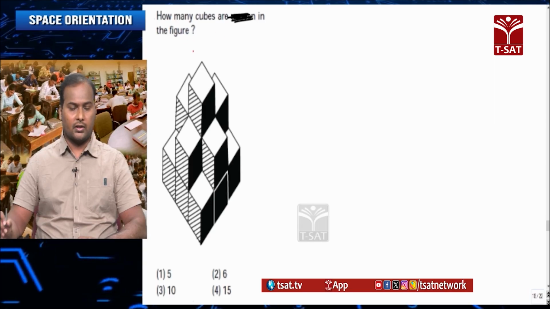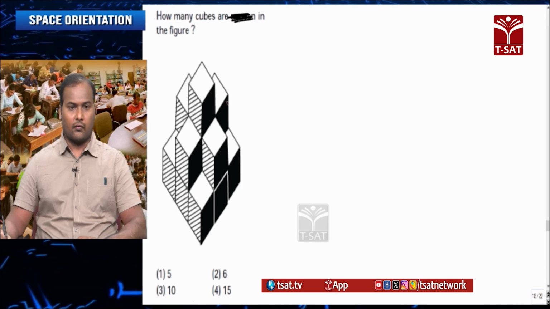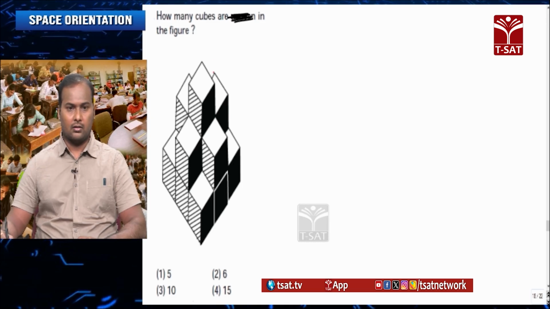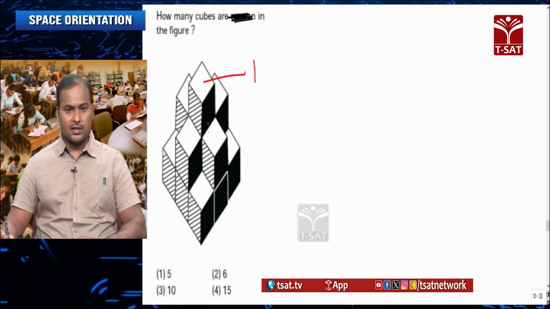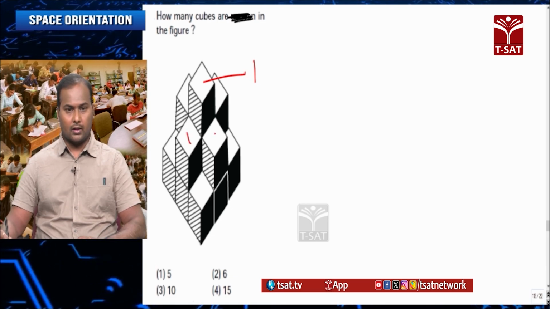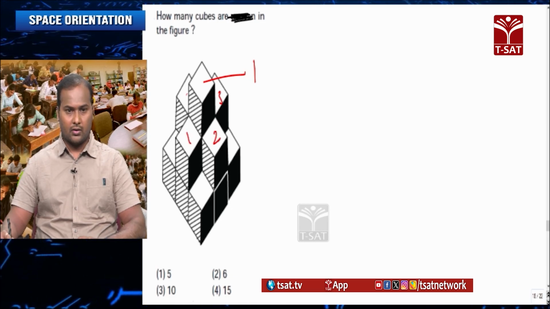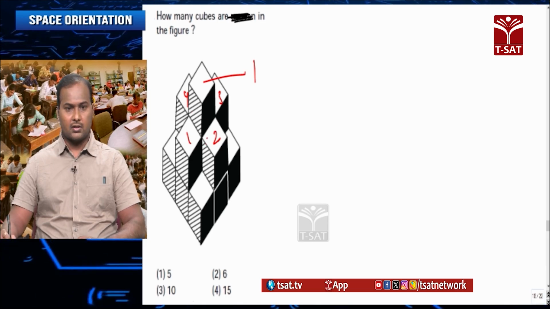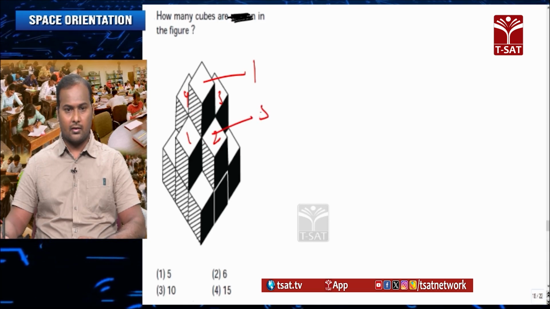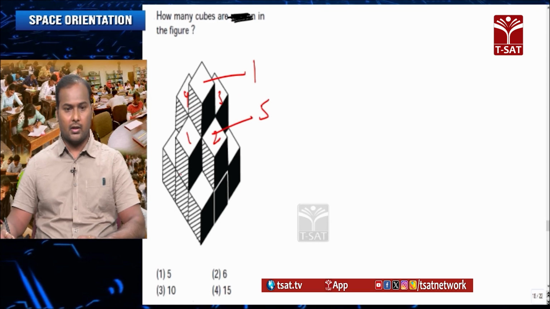Let's see this question. The question is, how many cubes are there in this particular figure? First, on the top you have one figure. See the second layer. In the second layer 1, 2, 3, 4. So 4 are visible. 1 is not visible at the center. So total in this layer 5 are there. How many are at the bottom?